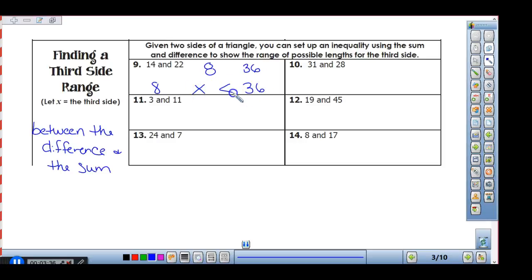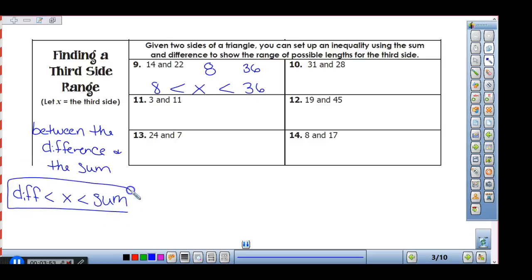X has to be less than 36 and greater than 8. So over there on your side, you might want to write difference less than X, less than sum, so that you know how we are going to write it.